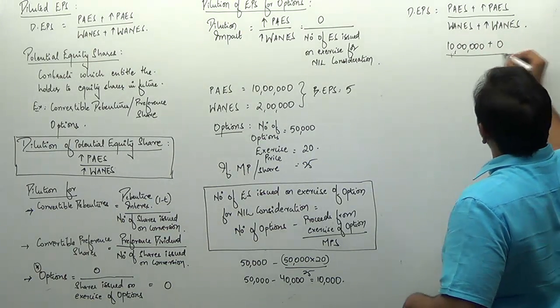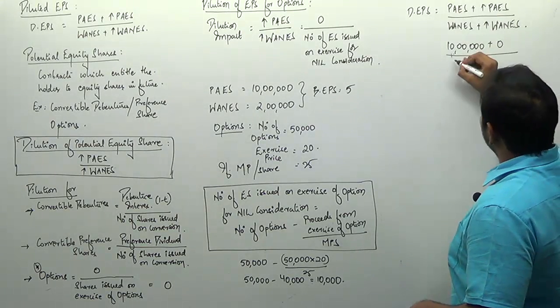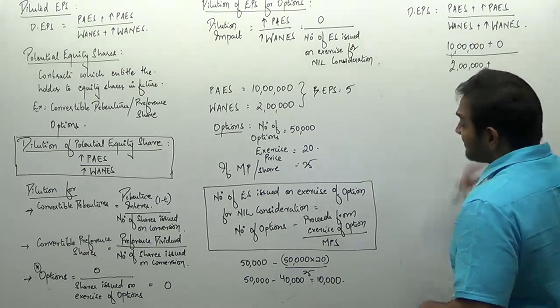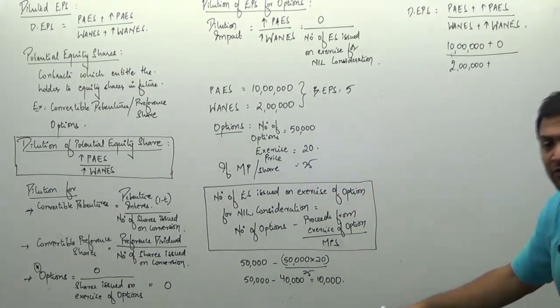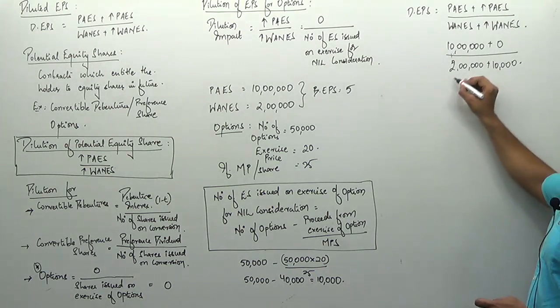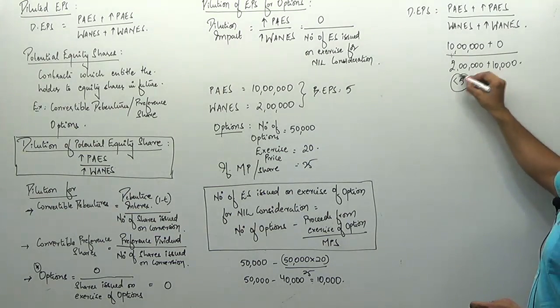There will not be an increase in PAES in case of options. WAES already existing 2 lakhs. Increase in WAES: don't take the entire 50,000 options. I'll only take 10,000 options which are issued for nil consideration. So 10 lakh by 2 lakh 10 thousand should be less than 5.